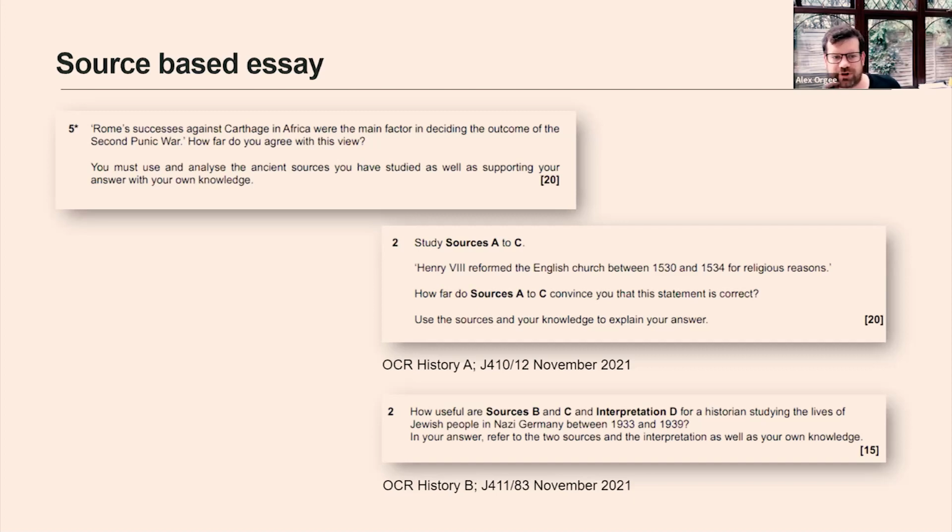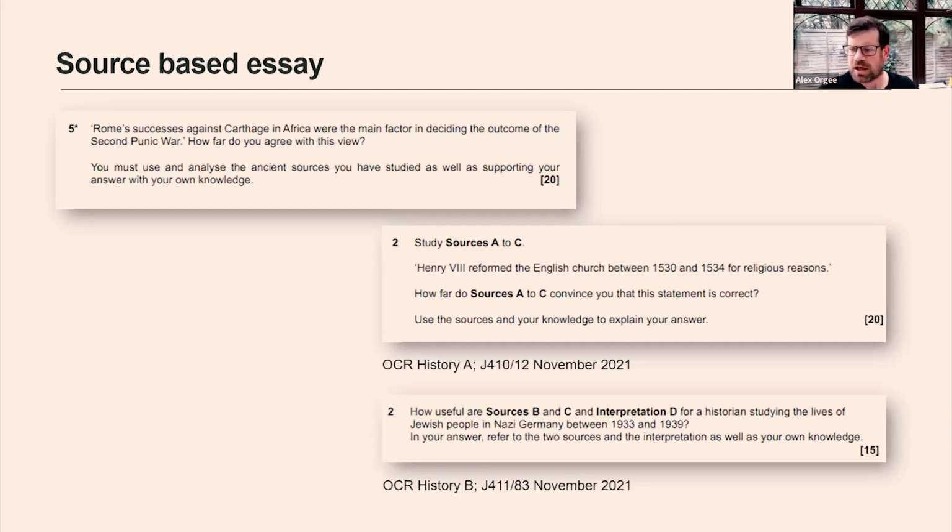In this case, the question is whether Rome's success against Carthage in Africa was the main factor in deciding the outcome of the Second Punic War. The history examples focus on convincing and useful, and the same type of thing needs to be incorporated into the ancient history answer in terms of addressing the sources that they're using.